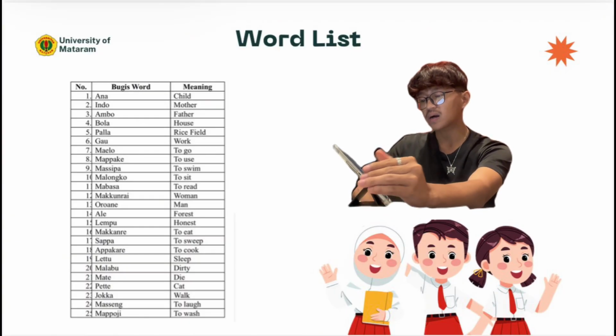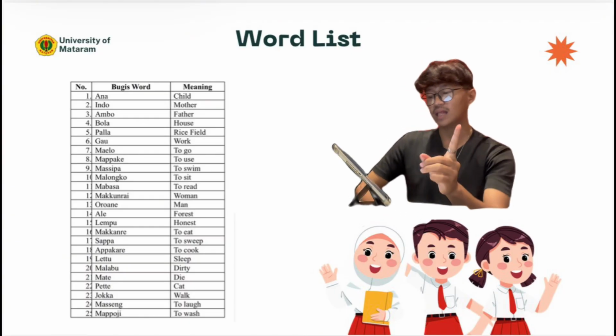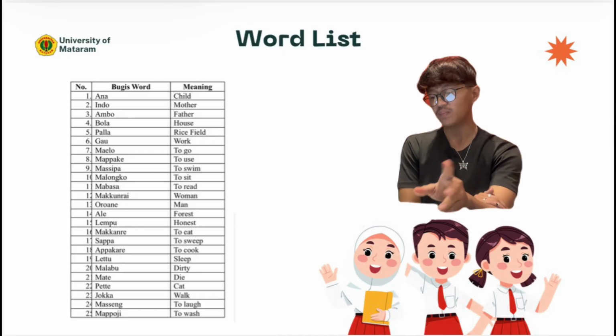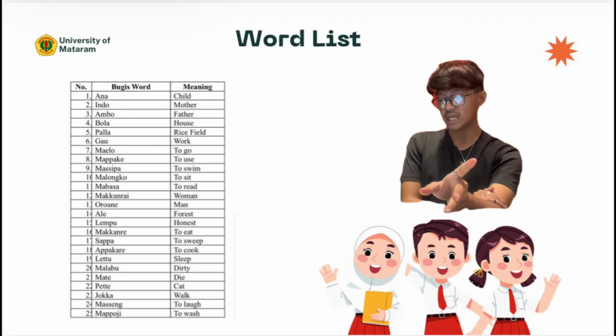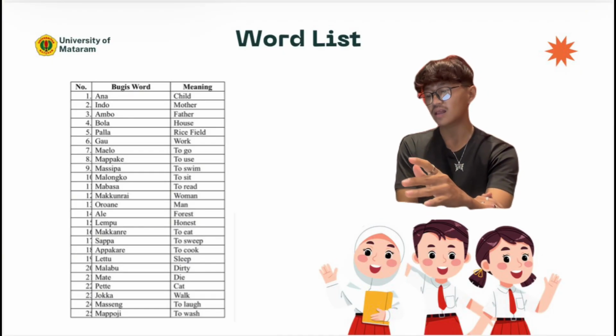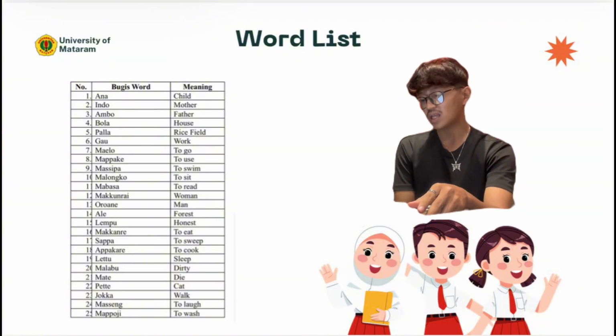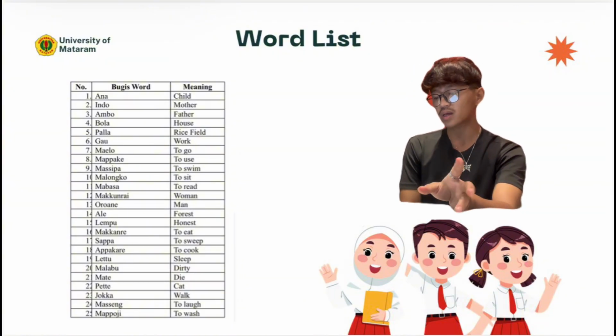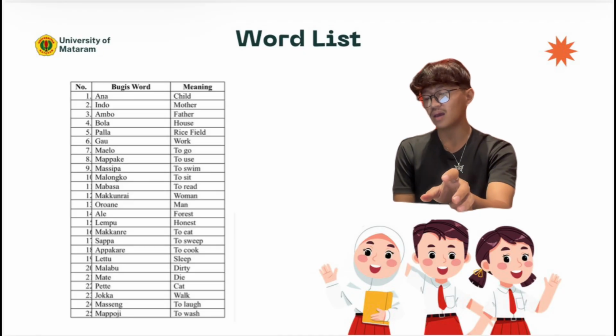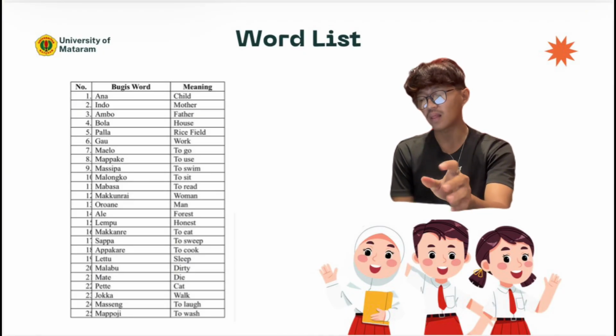Eighteen, Apakare, to cook. Nineteen, to sleep. Twenty, Malabu, dirty. Twenty-one, Mate, die. Twenty-two, Pete, cat. Twenty-three is Choka, wolf. Twenty-four is Maseng, to love. Twenty-five is Mapoji, to wash.